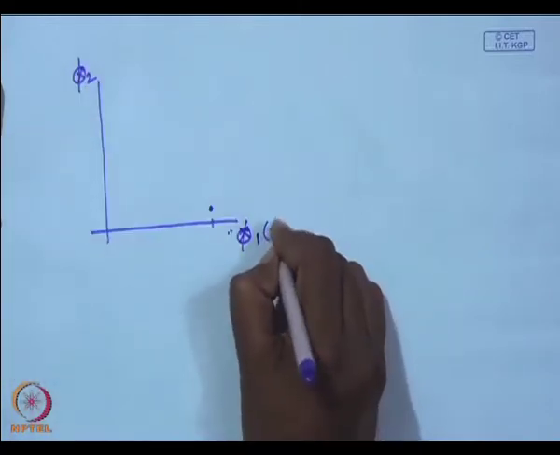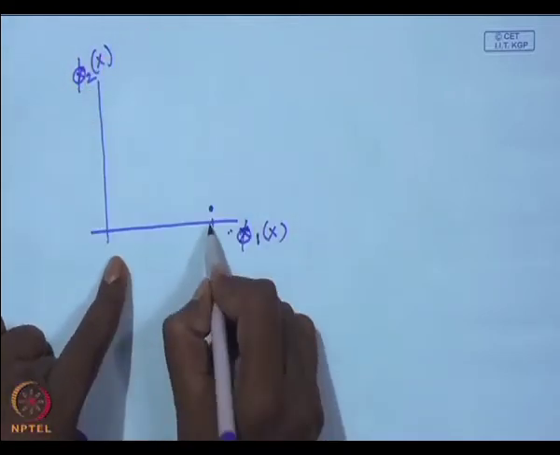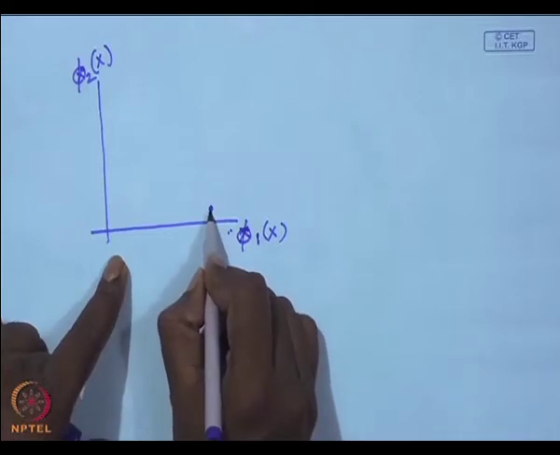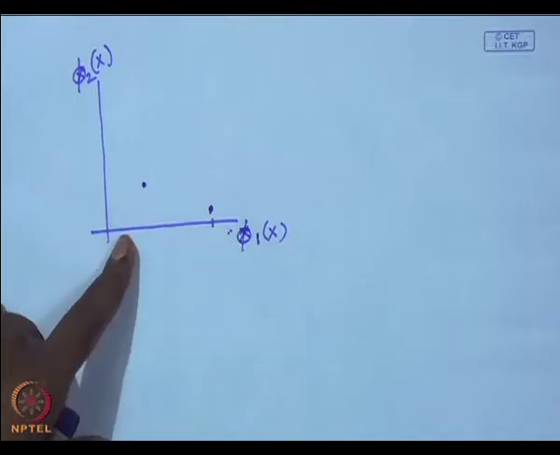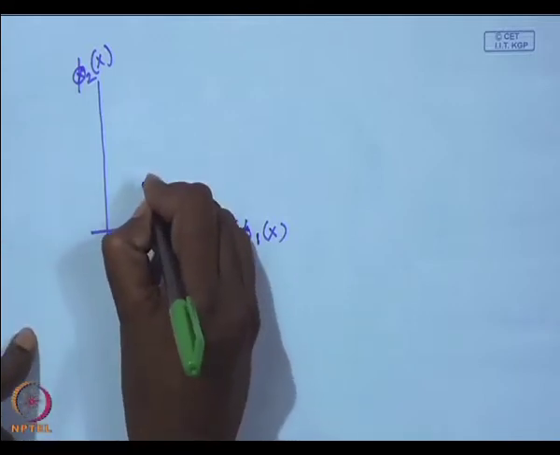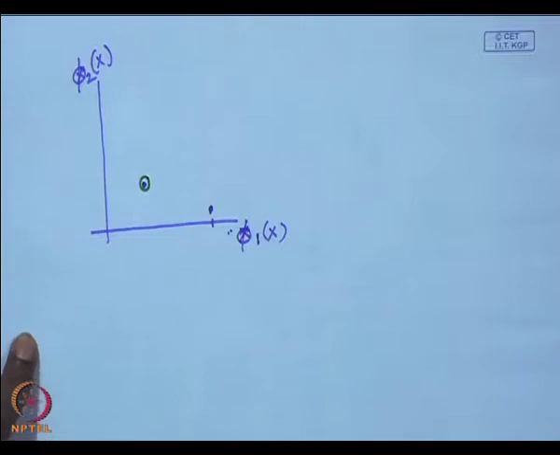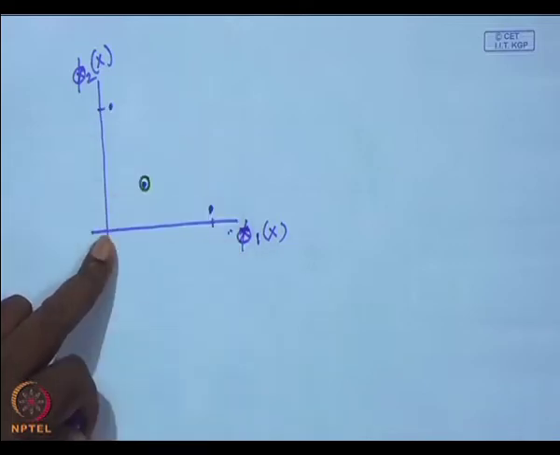So, this is phi 1 of x, this is phi 2 of x. 0 1 has been mapped to 0.4 0.4 which will be somewhere over here, and 1 0 is also mapped to 0.4 0.4, it is the same point. So, both the points have now been mapped to the same point in the phi 1 phi 2 domain, and that has happened because of the nonlinear transformation, whereas 1 1 has been mapped to 0.1 1 somewhere over here.